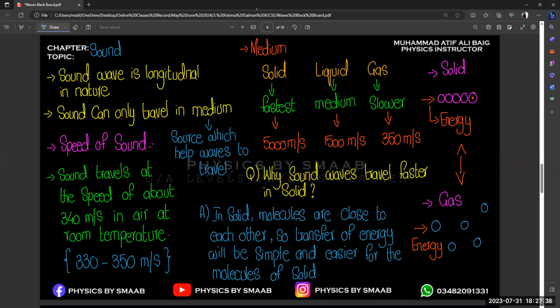The next thing is, since we are talking about the wave section, if you want to calculate the speed of sound in different mediums or in any situation, we have to use the same formula, v equals f lambda, right?